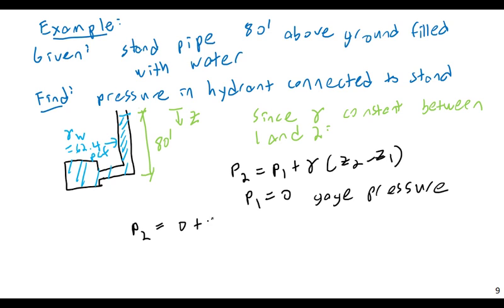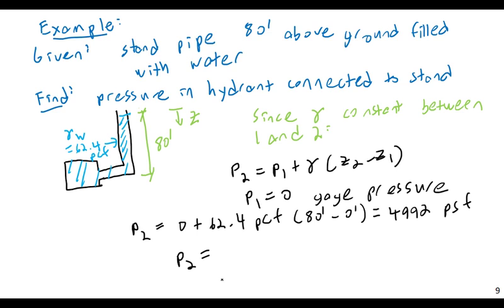P2 is 0 plus 62.4 pounds per cubic foot times 80 feet minus 0 feet, or 4992 PSF. If I want PSI, I divide by 144, that's 12 squared. This is equal to 34.7 pounds per square inch. And that is a simple application of the basic equations of fluid statics.